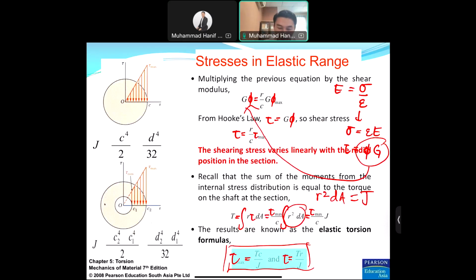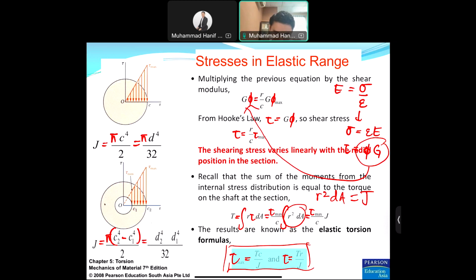For the solid structure, J is equal to pi c power 4 over 2, or pi d power 4 over 32. For the hollow cylinder, J is equal to pi times, in brackets, c2, which is the outer radius, power 4, minus c1, which is the inner radius, power 4, divided by 2.